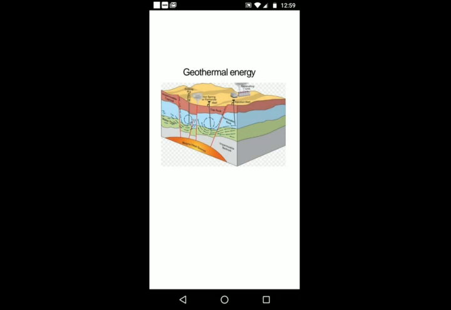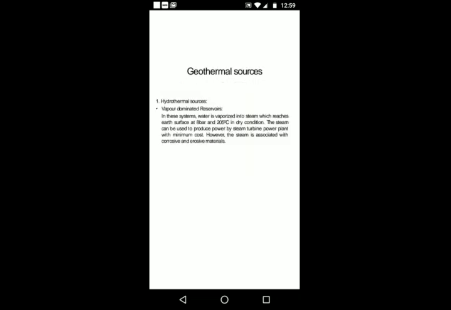Next, there are different types of geothermal sources. Under that there are hydrothermal sources, which are subdivided into vapor dominated reservoirs and liquid dominated reservoirs.